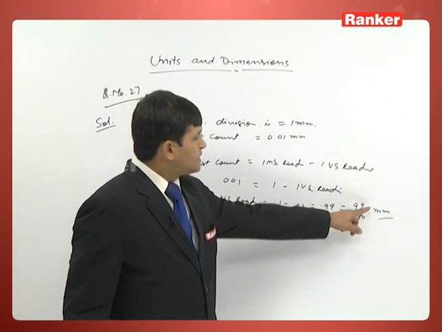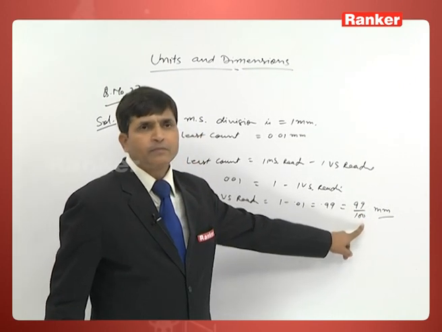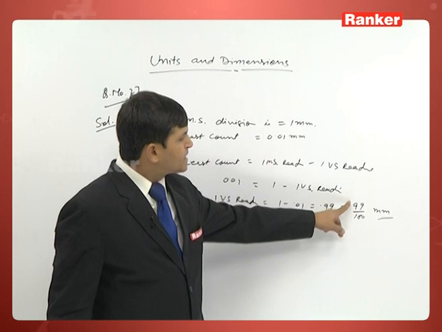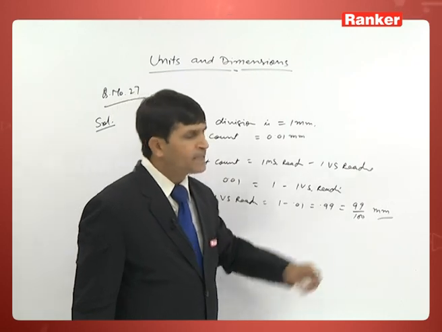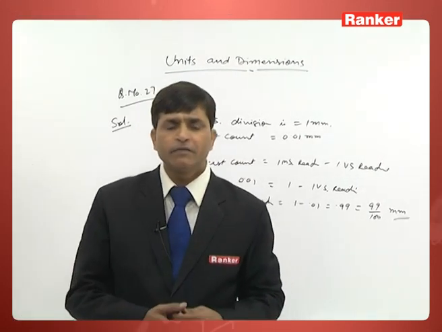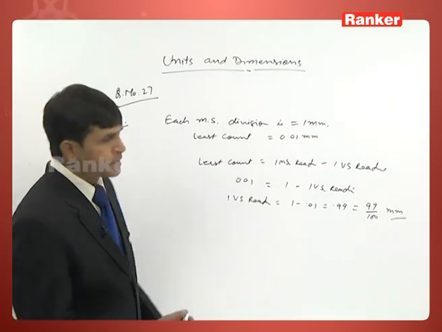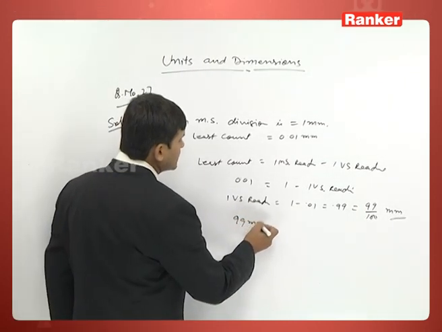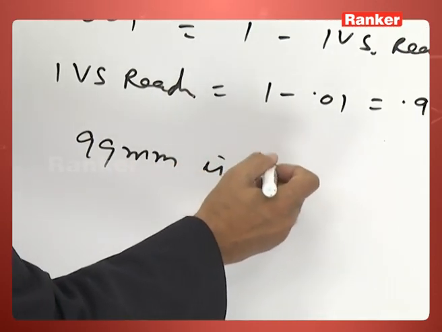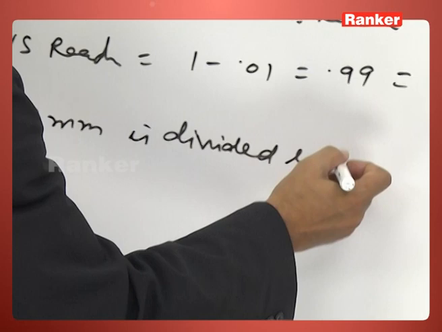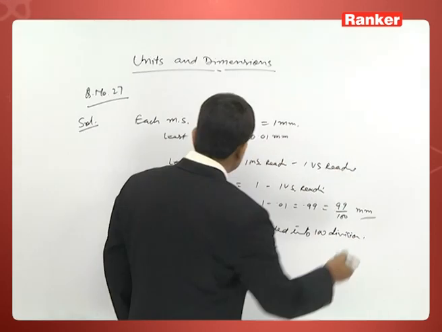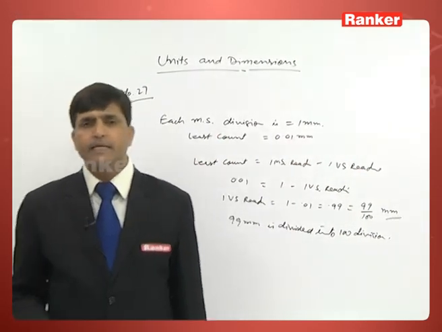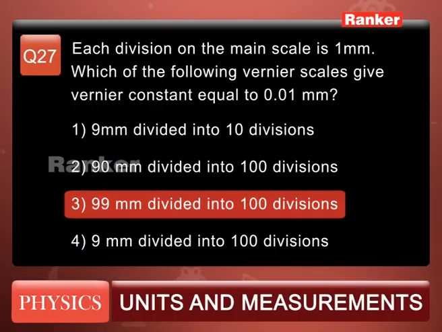See, 99 millimeter, if we divide into 100 parts, 99 division of main scale is equal to 100 divisions of vernier scale. So, 99 millimeter is divided into 100 divisions. So, our option number 3 is the correct answer.